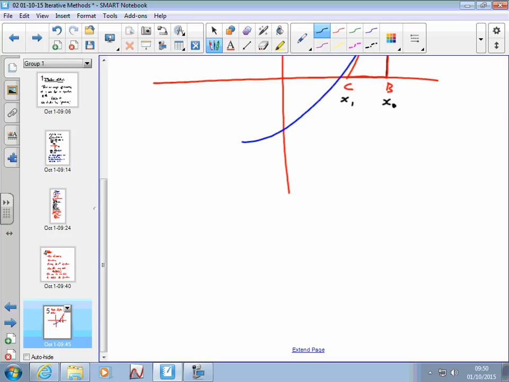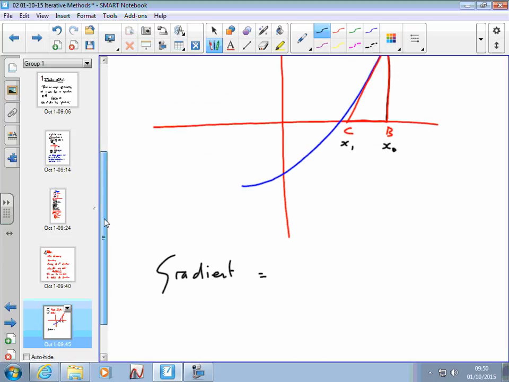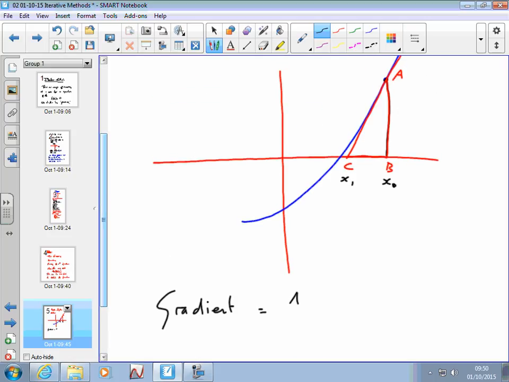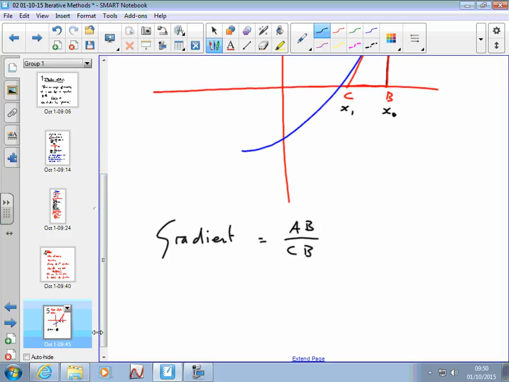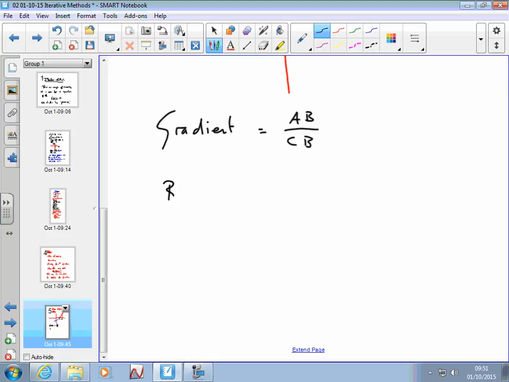We know that the gradient is the line AB, how far we go up the y-axis, divided by CB, how far we go along the x-axis, like that. But the gradient is the differential of the function.